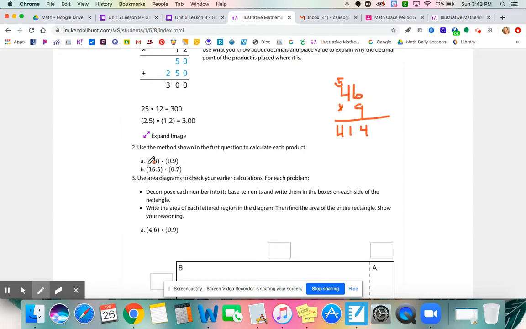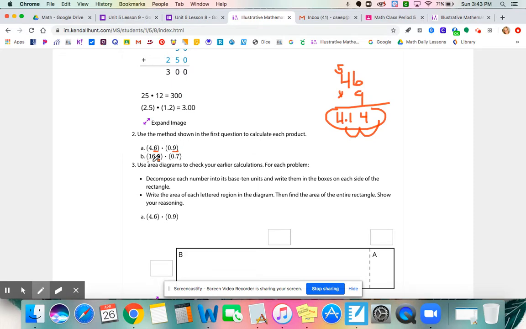If I use my mental math skills, 4.6, I'm going to think of that as like 5. And 0.9 is close to 1. So 5 times 1 is 5. So where would a decimal go to make sense for that? 4.14. Another way you can see that is there are 2 decimal places in the original problem, and I worked my way back in 2 decimal places.